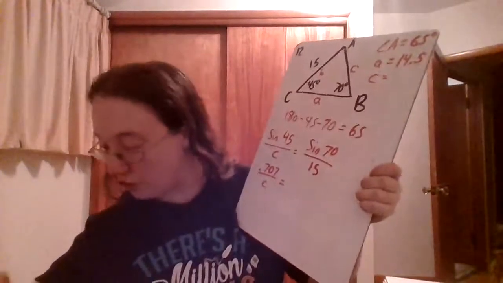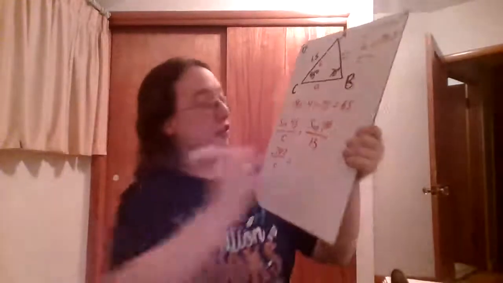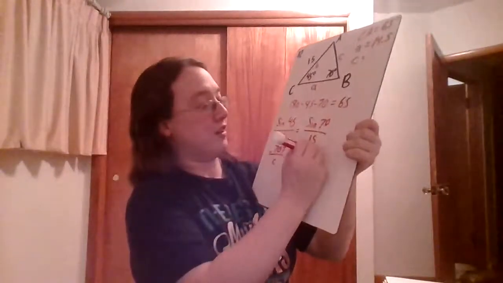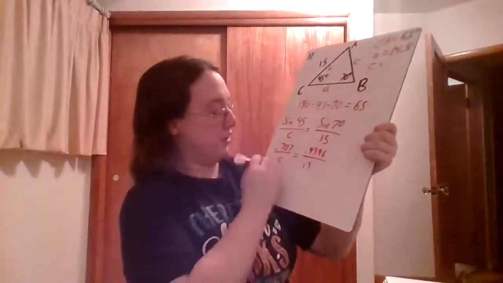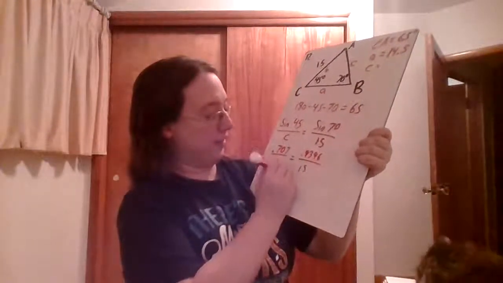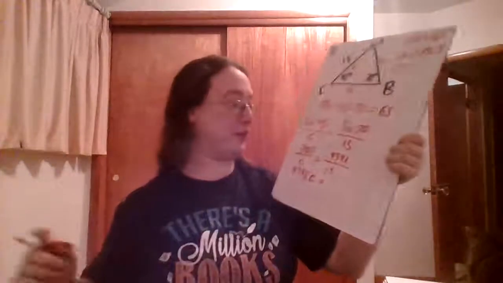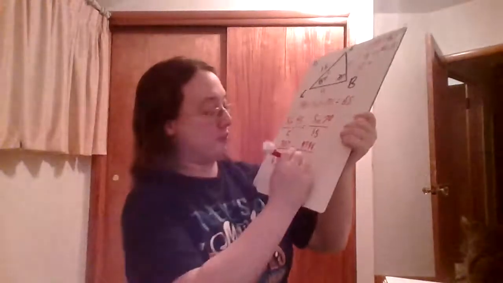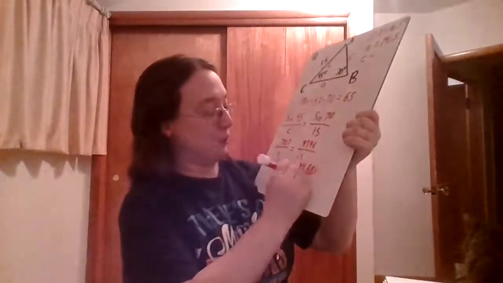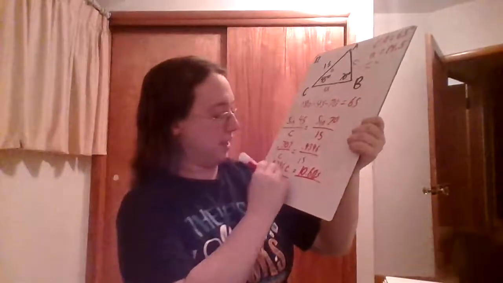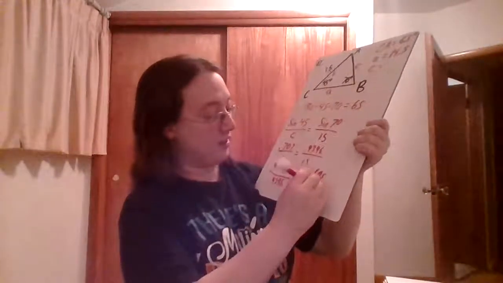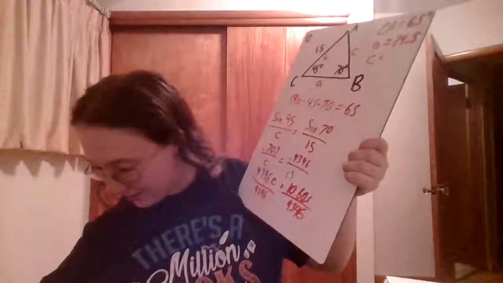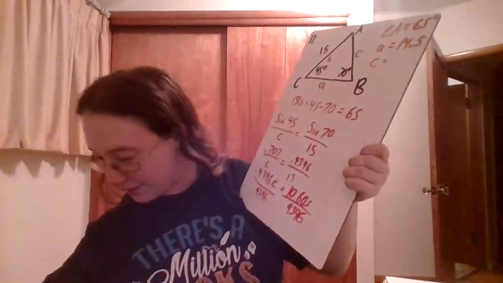That one was 0.9396 over 15. So now we got our 0.9396 again with C this time equals whatever 15 times 0.707 is, which is 10.605. And then we're dividing by that 0.9396, which gives you about 11.3-ish.